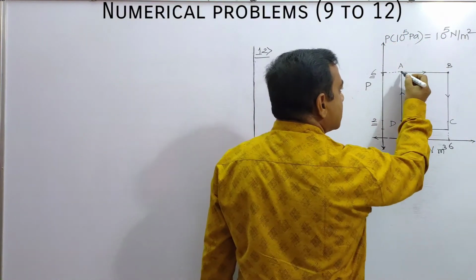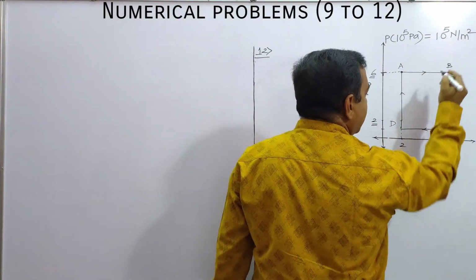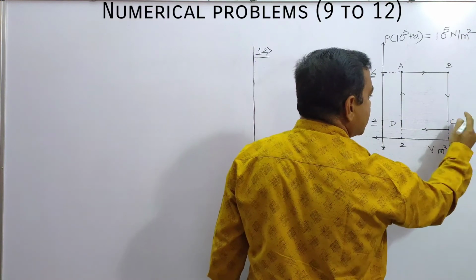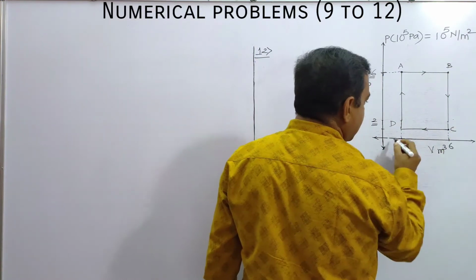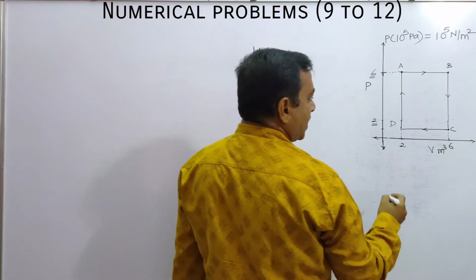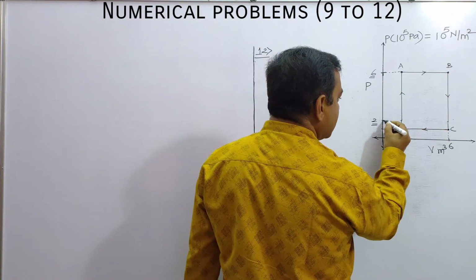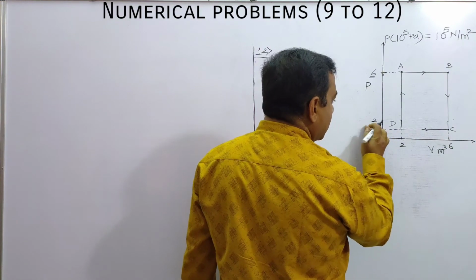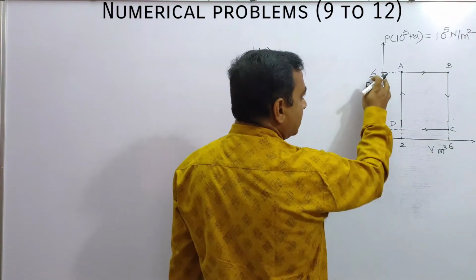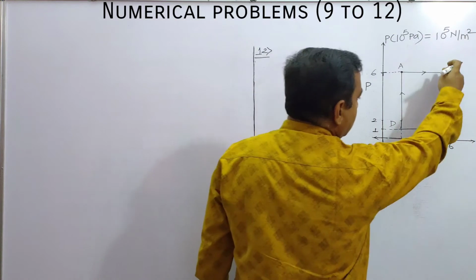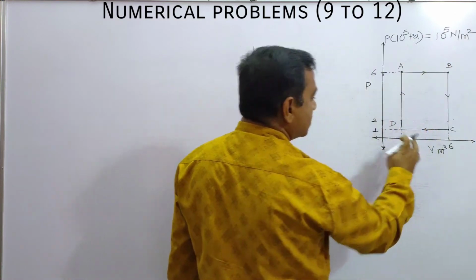In this cyclic process, the steps are A to B, B to C, C to D and D to A. This is the cyclic process, and the values given here are 1, 6 and 2.